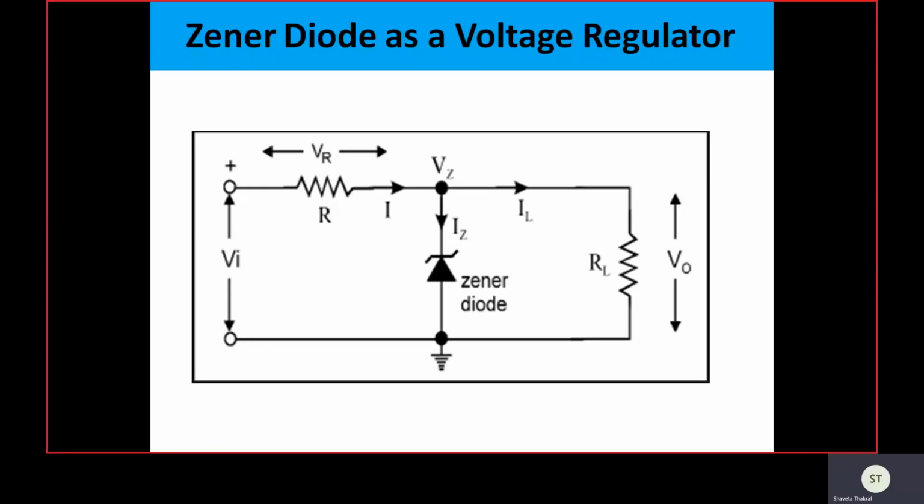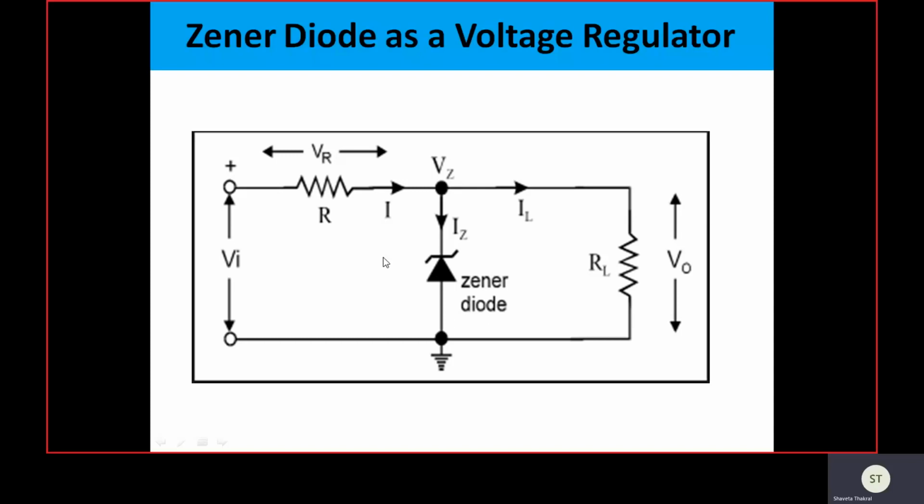We can use the Zener diode as a voltage regulator. How can we utilize it as a voltage regulator? We have to connect the Zener diode in parallel to the load for which we need protection. If we want to protect this resistance acting as a load from fluctuating input voltage, we can connect the Zener diode.